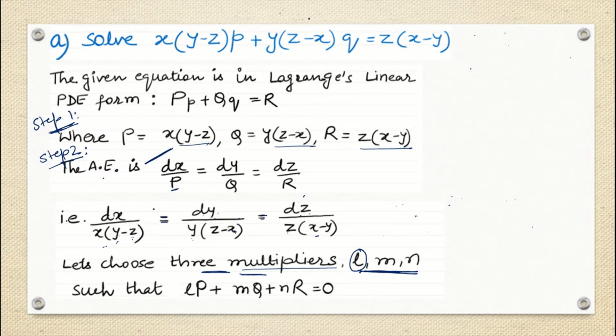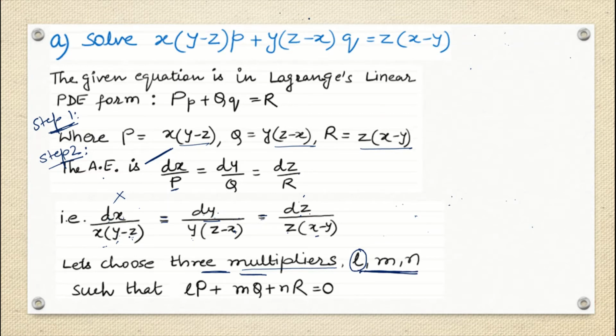Suppose I am interested in grouping between fraction number 1 and fraction number 2. I can see that here grouping will not work. Why will grouping not work? Because the first has the derivative with respect to x, and in the second fraction the derivative is with respect to y. So the denominator term should not contain z.